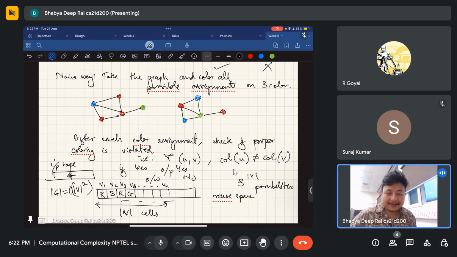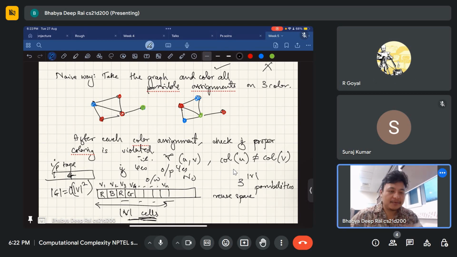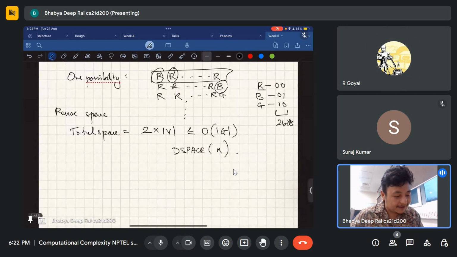So I need V cells, right? What I'm saying is, each of these cells, I'm using R to represent red, B to represent blue, and G to represent green. Suppose you tell me that is not fair. Suppose you tell me that you need to write it in binary. If you need to write on the tape in binary, then to represent red, I can write 0 0.